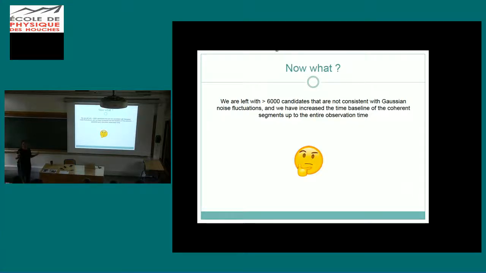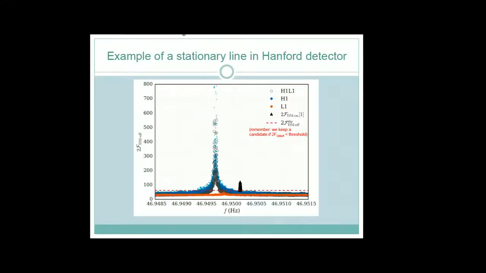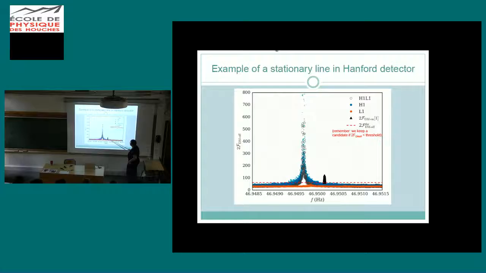We've used all our coherent observation time. What do we do? So we actually had an idea, which is quite simple. This is one of the 6,000 candidates, and this is where it was.